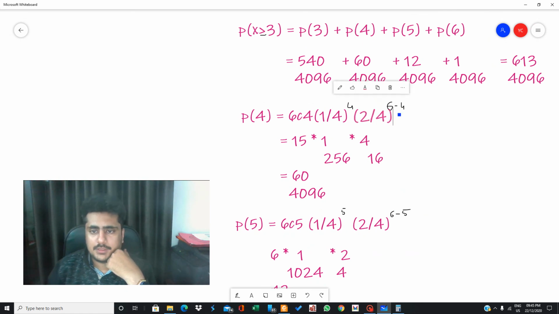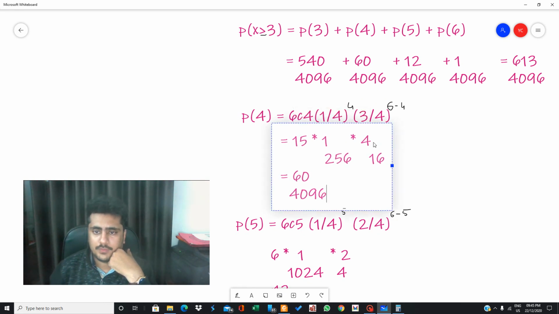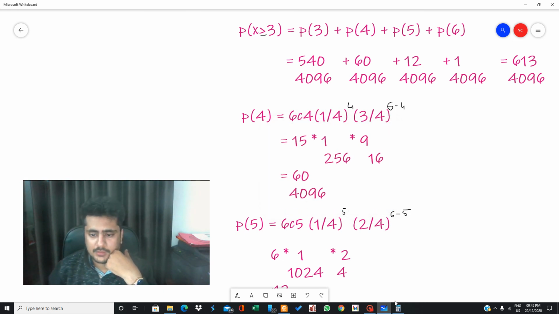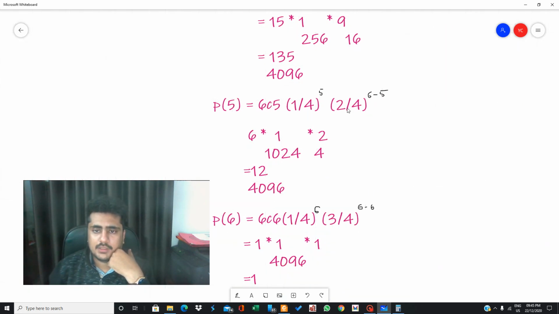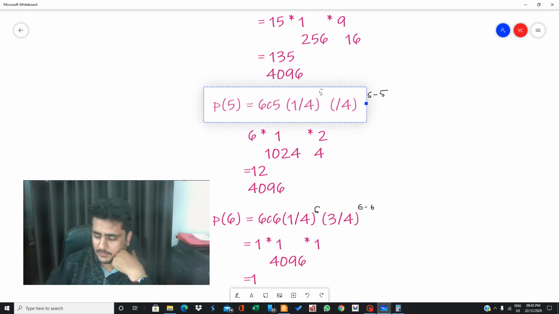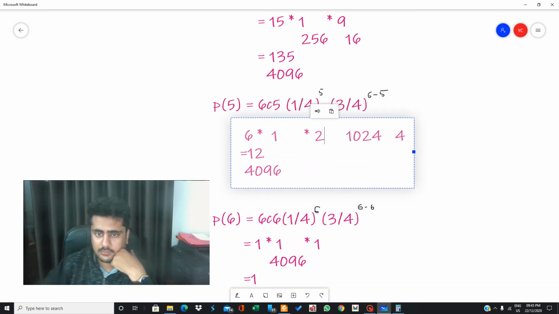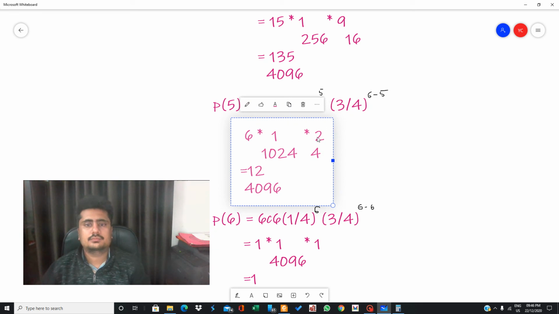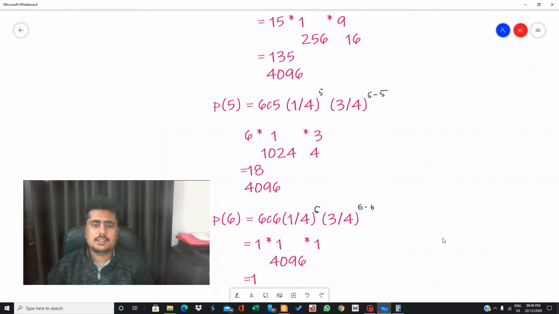So there is some mistake I think we had made. This is 3 by 4, so 3 by 4 raised to 2. 3 threes are 9 and obviously 4 fours are 16. So now this is 15 into 9, that is 135. Again the same mistake we did. It's 3 by 4, 18 by 4096.